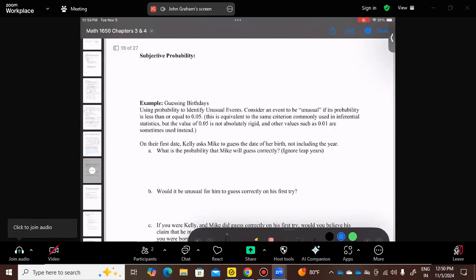Okay. The last type of probability, which is not something we're going to look at a whole lot, that's subjective probability. This is the probability of an event, we're going to call event A, based on experience, knowledge, maybe even intuition.